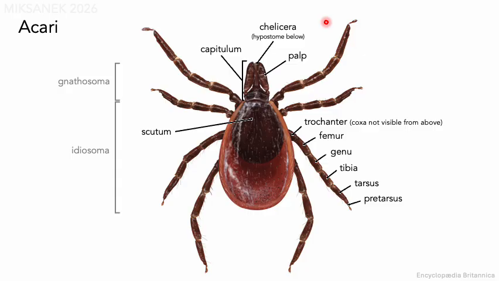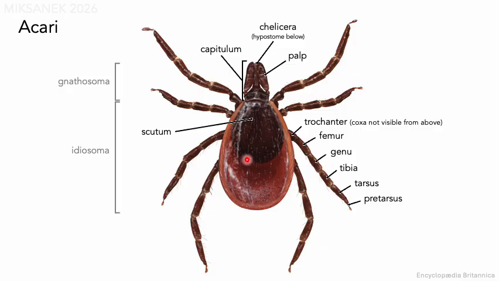If we were to flip the tick upside down, we could see that hypostome, or if the tick was to relax its mouth parts a little bit, we would be able to see that hypostome in between the paired chelicerae, in between the paired palps. It's kind of fun to say, paired palps.